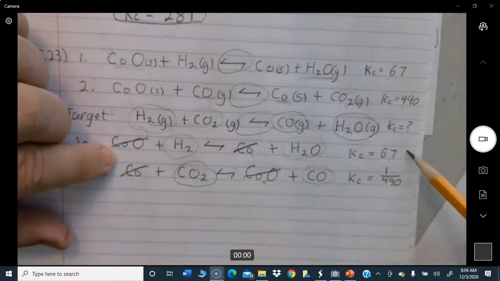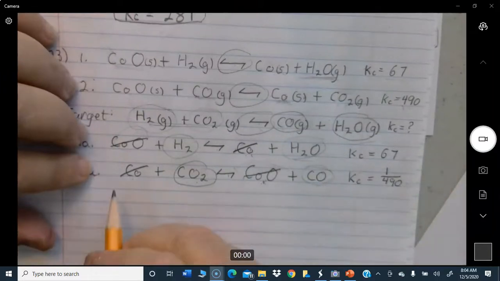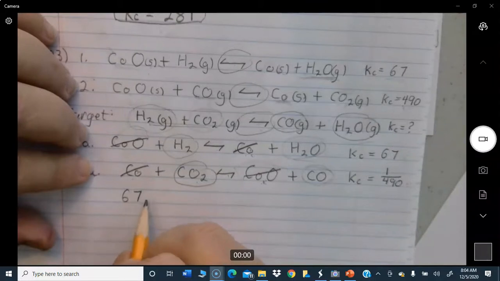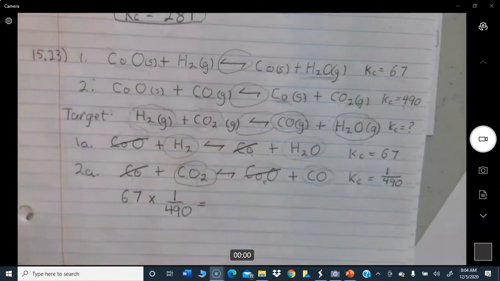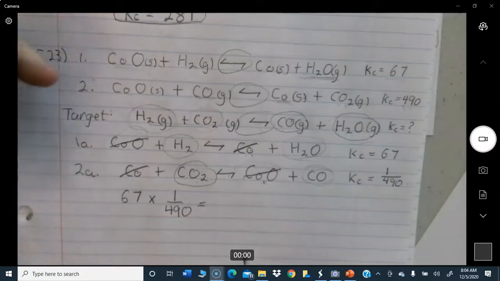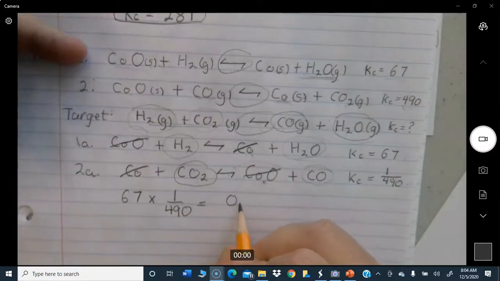So now we've added those equations. When you add the equations, what do you do to these two? You multiply them. So it's going to be 67 times 1 over 490. And you can just run that on your calculator, 67 divided by 490. Okay, and you get this.